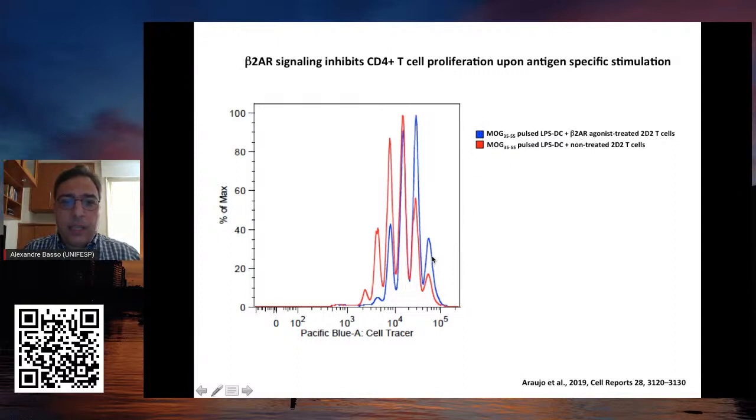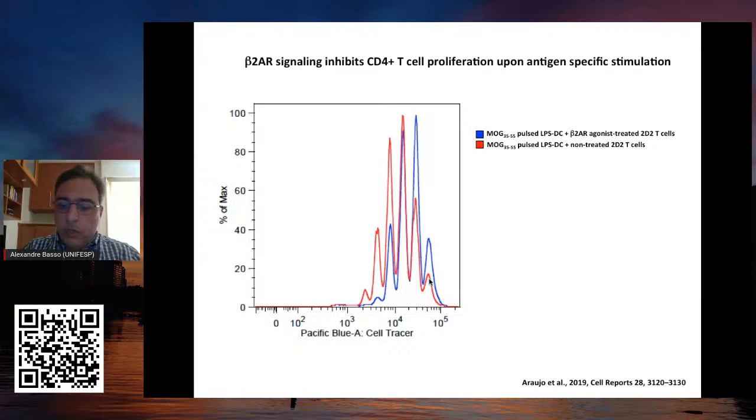And we can see that the 2D2 T cells that had been treated with the beta-2AR agonist proliferated at lower rates as compared to non-treated 2D2 T cells. So beta-2AR signaling indeed inhibits CD4 T cell proliferation upon antigen-specific stimulation.